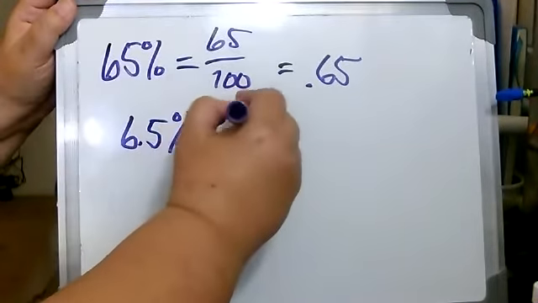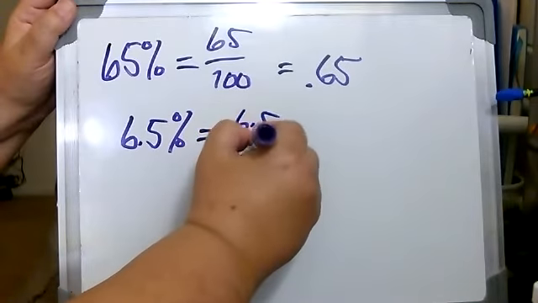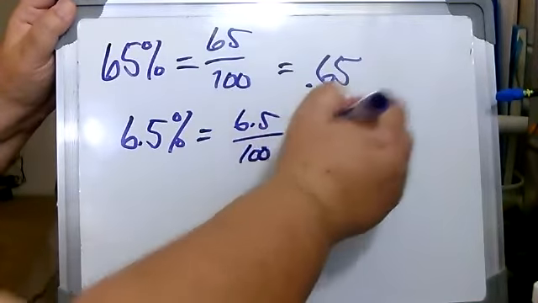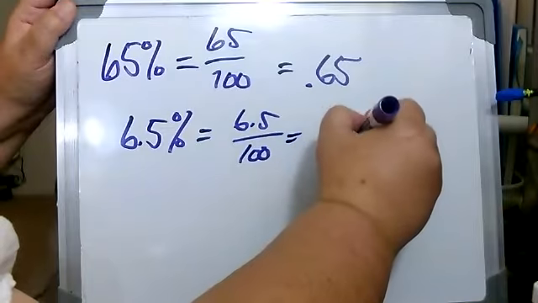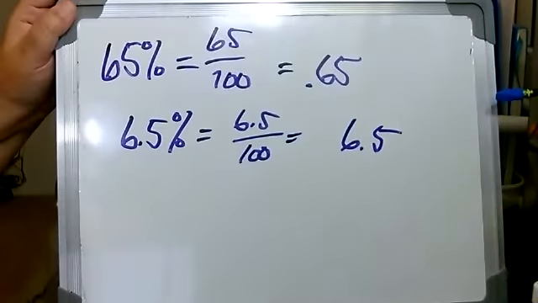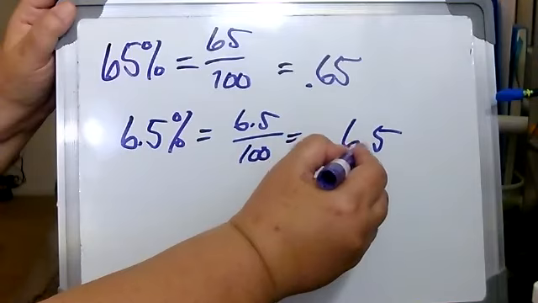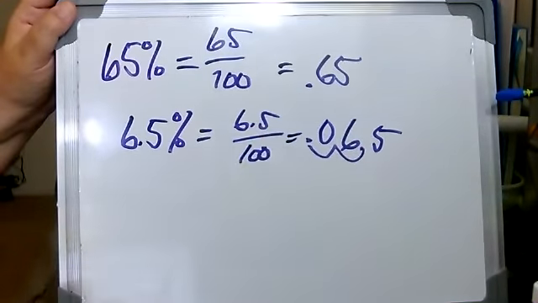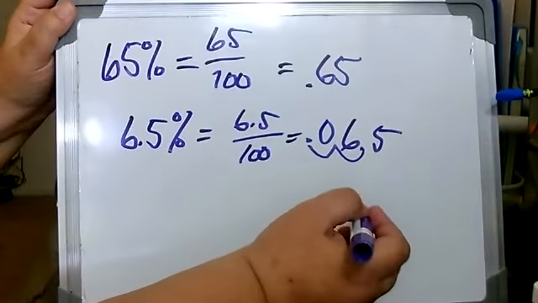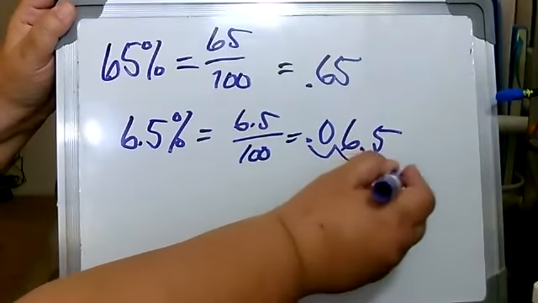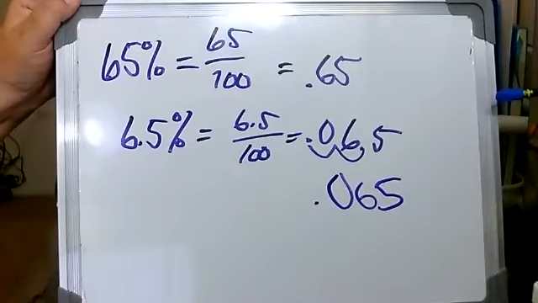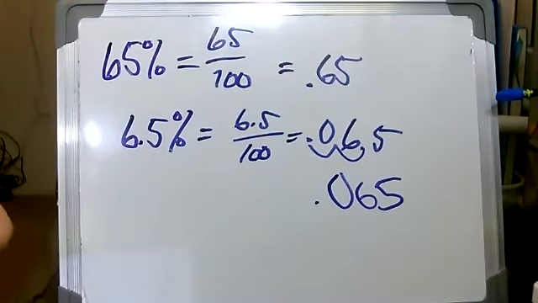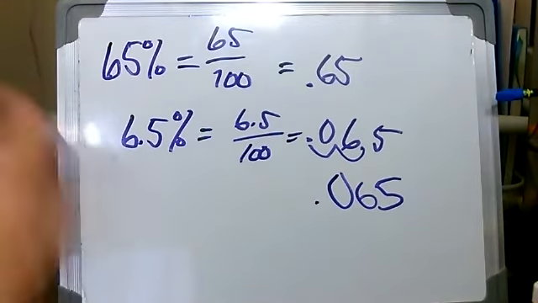So you start here, 6.5 over 100, and you would take this 6.5 and move it over 2 spots, which means you have to move it over here, and then you'd have to move it over here and put a 0 right there. So it would now be 0.065.